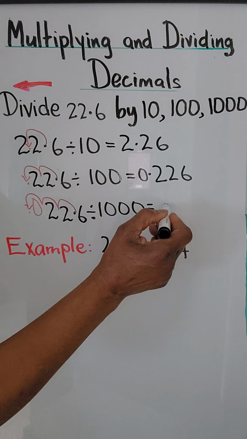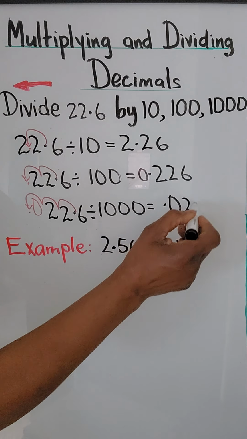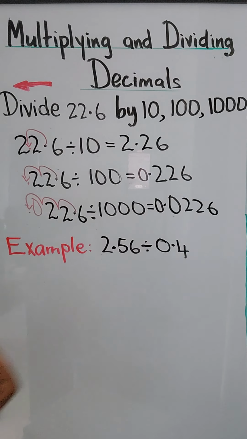Equals 0.0226, and we can put a 0 right here. Okay, and when we're dividing decimals by tens or powers of 10, we move the decimal point to the left.